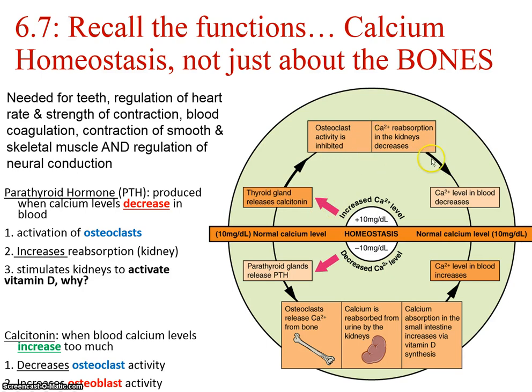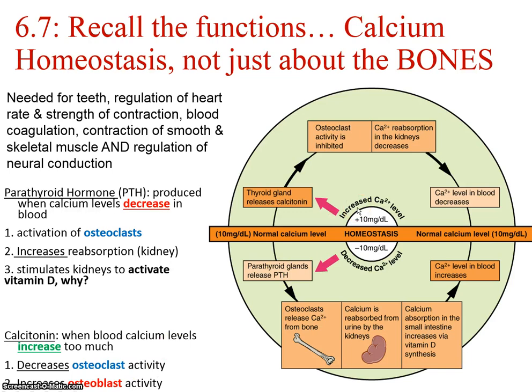We would also decrease reabsorption by the kidneys, reversing both of these situations, and in doing that, we would see a decrease in calcium. We also increase osteoblast activity when calcitonin is around, which means that we remove this excess calcium from the blood and deposit it in the bone.